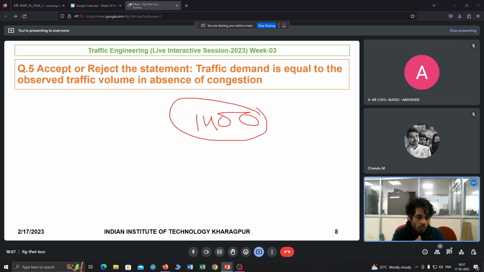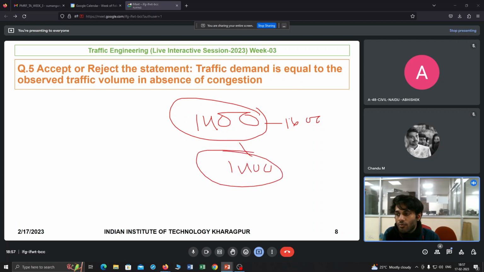Now suppose you want to improve the capacity to 2000, so you are expecting less congestion on that section.